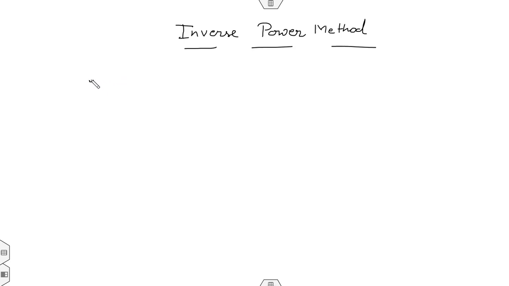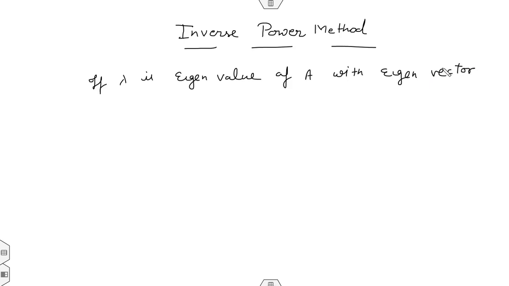Suppose lambda is an eigenvalue of a matrix A with eigenvector V. Then we can write AV equal to lambda V. Let's apply A inverse on both sides.